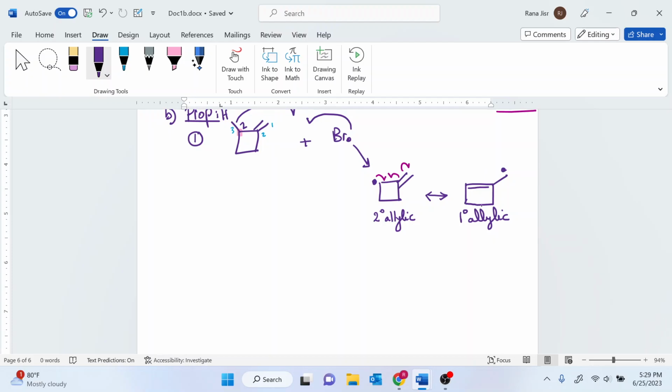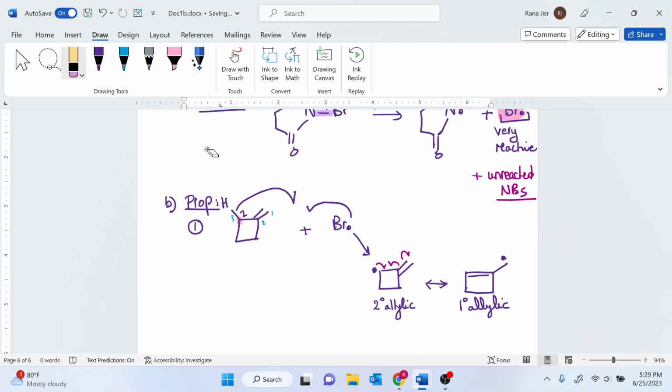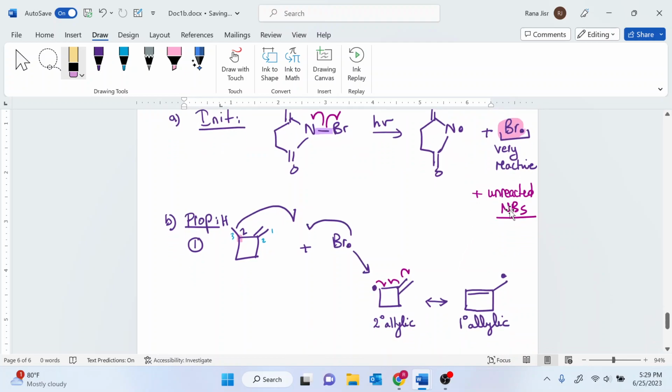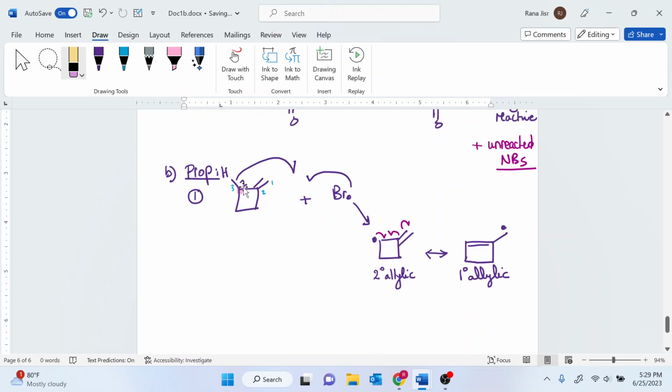Now in the second step of the propagation, now here's the thing, before I start with the second step of the propagation. So I said over here that you will have unreacted NBS. That unreacted NBS is going to immediately come and react now in the second step of the propagation. But the NBS is not going to react with the radical because it's going to be unreactive with the radical. The NBS is going to react with the HBr that is formed whenever the bromine radical takes the hydrogen.